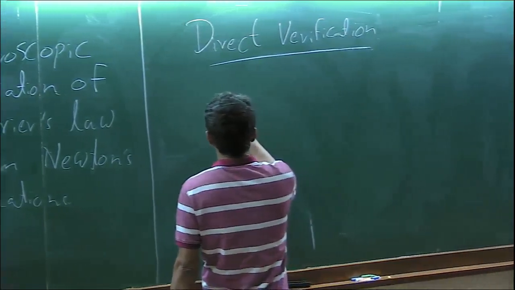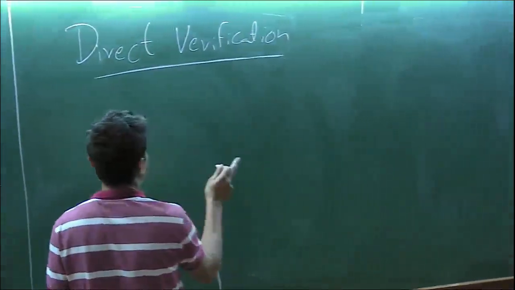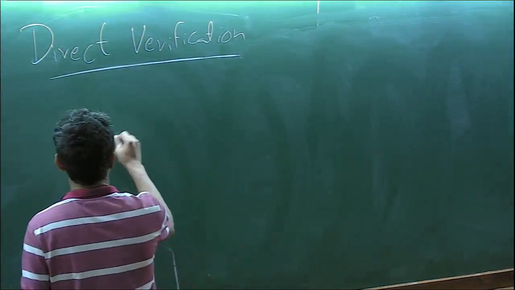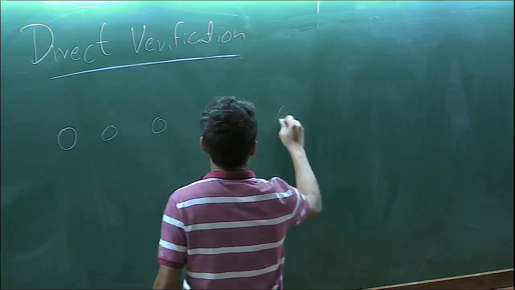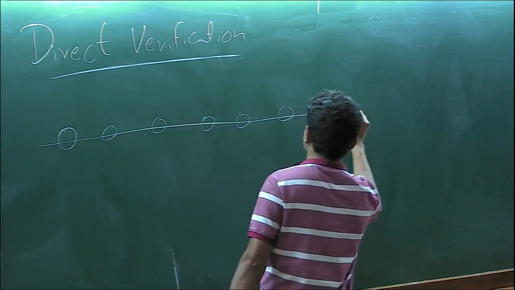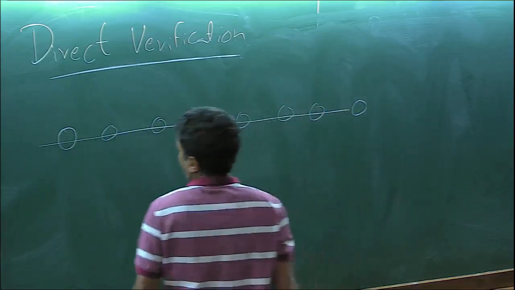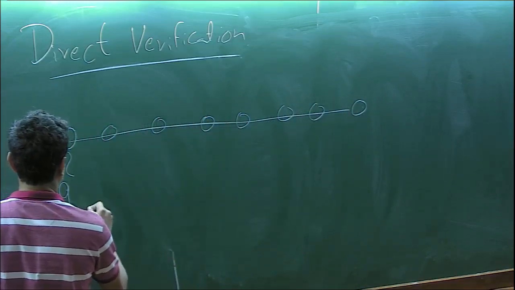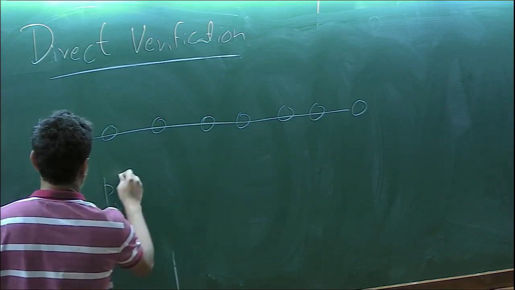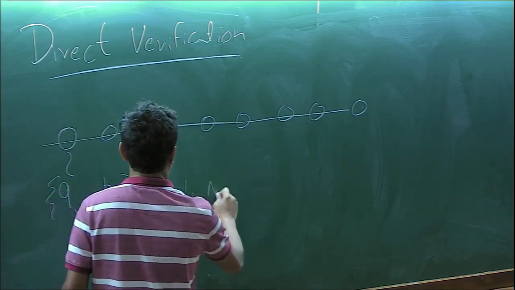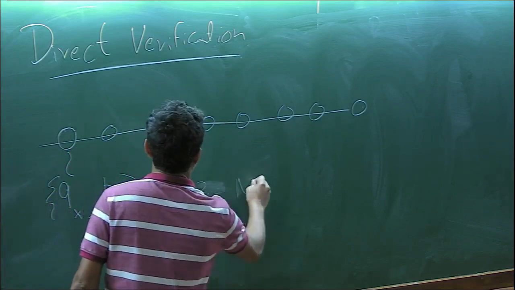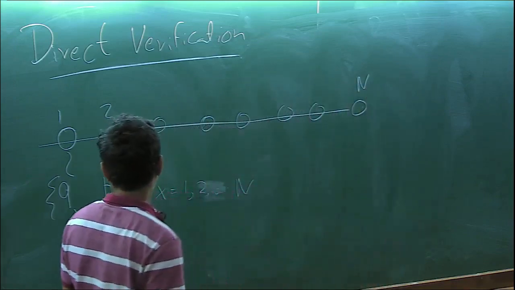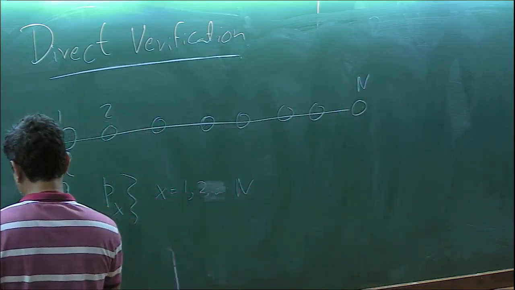Okay, so a one-dimensional system means I have a chain of particles which are moving, which just have x in one dimension. So they are moving on the one-dimensional line, and each particle has a position qx and momentum px. Okay, so I have n particles, 1 to n, and this is described by a Hamiltonian.